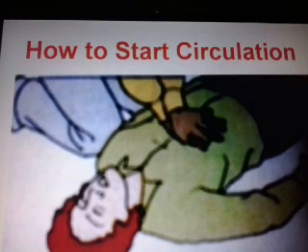This technique also requires some mastering, and later on I will show you how to start the circulation. At this stage you simply learn the position, how we can start the circulation of the casualty.